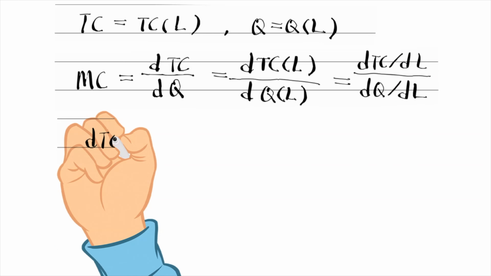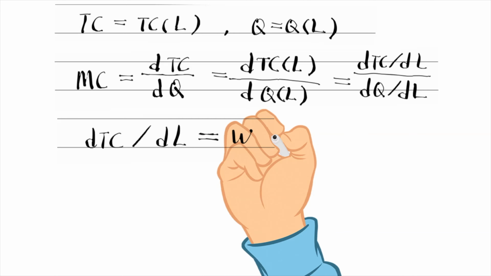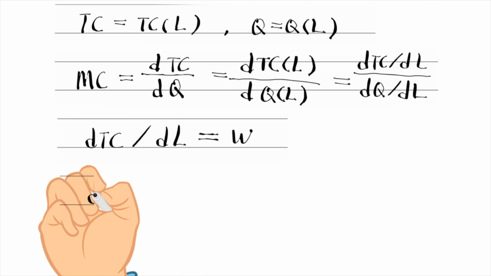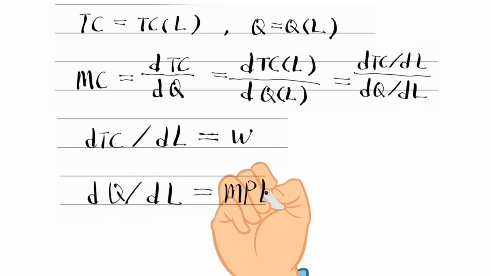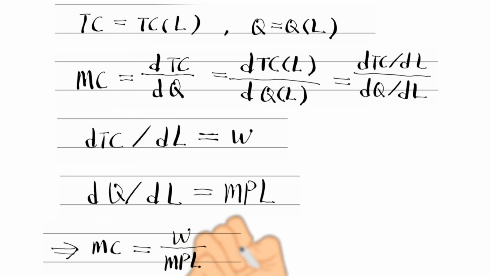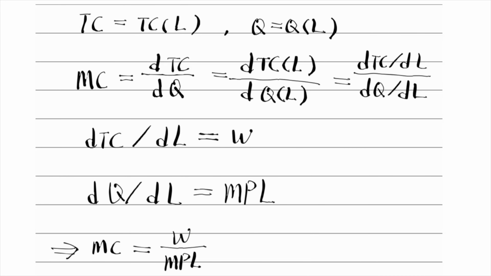The numerator becomes the marginal cost of labor, which is equal to the wage. The denominator is the marginal product of labor. Therefore, the marginal cost of output can be expressed as the wage divided by the marginal product of labor. The wage is a constant.